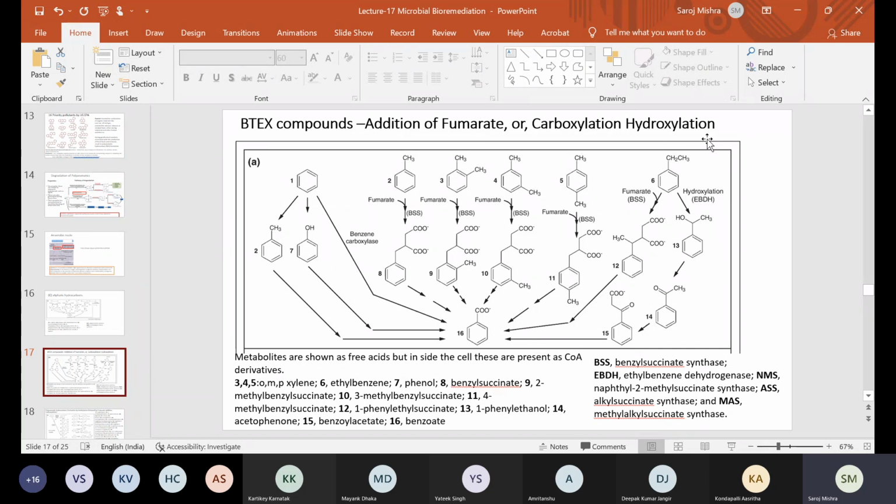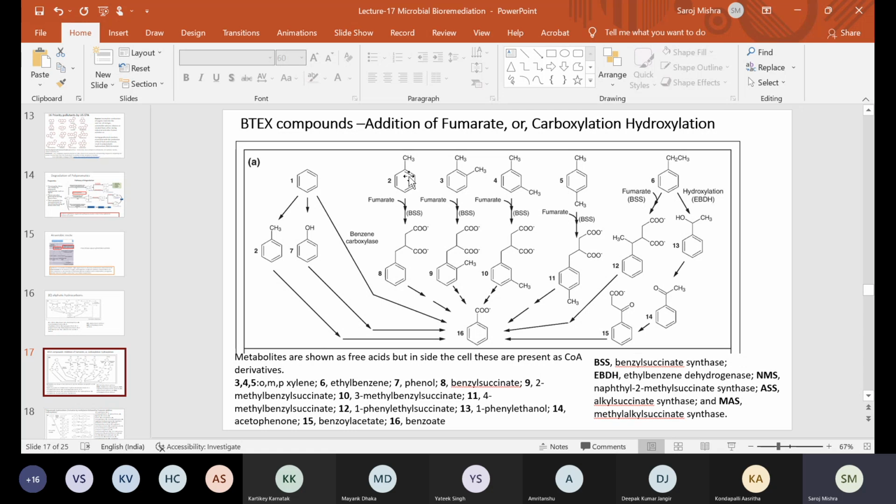Just like in the previous slide, you saw that with the linear hydrocarbons, you are adding either fumarate or you are doing carboxylation. So one is benzene, like you see here, or for example, this is your phenol and this is your toluene. So in all of these compounds, if you carry out carboxylation through benzene carboxylase, which can act on all of these, you have benzoic acid.